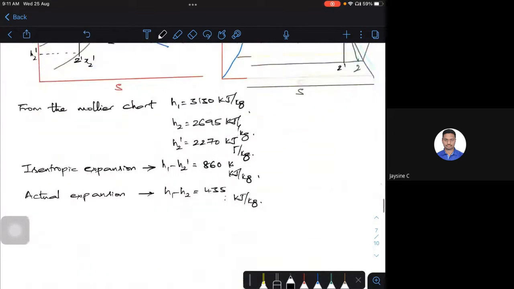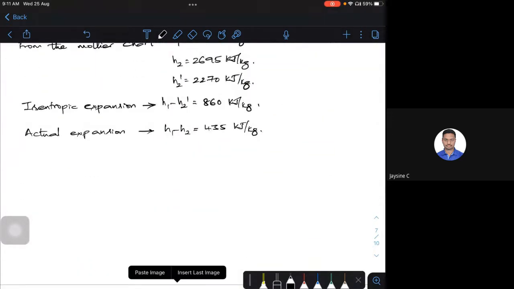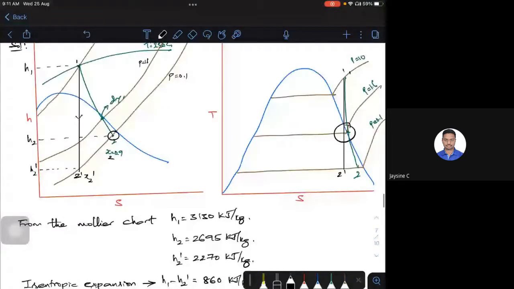Can you tell me these values? x2 dash, the dryness fraction x2 dash from the Mollier diagram. What you have to do, you have to draw a vertical line from point 1 and wherever it meets 0.1 bar, that particular x value you get, that is your x2 dash.